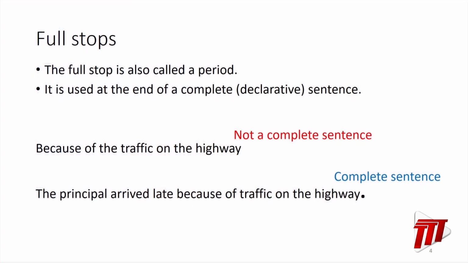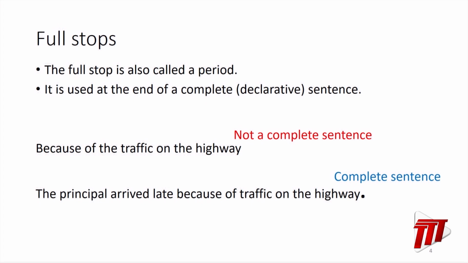Let's look at some examples. Because of the traffic on the highway. Do you think that's a declarative sentence? Is it making complete sense? What's happening on the highway? Why is it happening on the highway? Do we start a sentence with because? The principal arrived late because of traffic on the highway. Now this sentence makes complete sense.